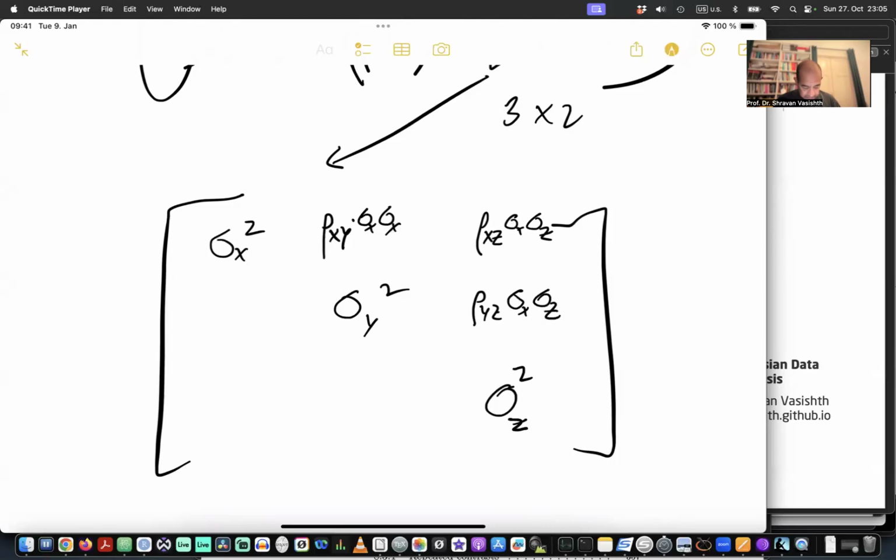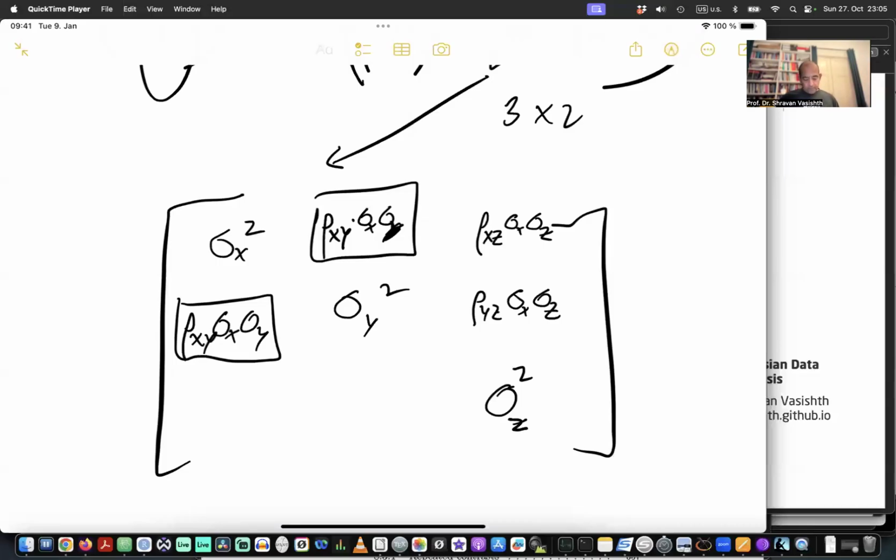On the other side of the diagonal, we're going to have rho xy, sigma x, sigma y. Sorry, this was supposed to be a y. These are the same two quantities, right? And this would be x and z, so rho xz, sigma x, sigma z, and these two will be the same.